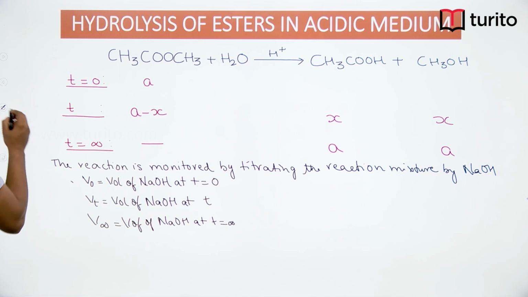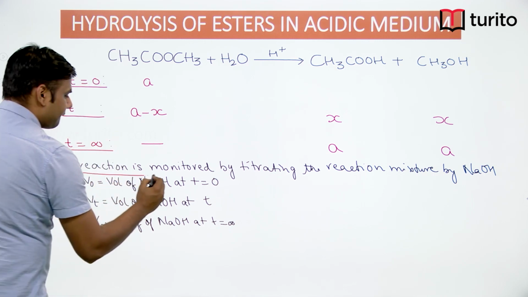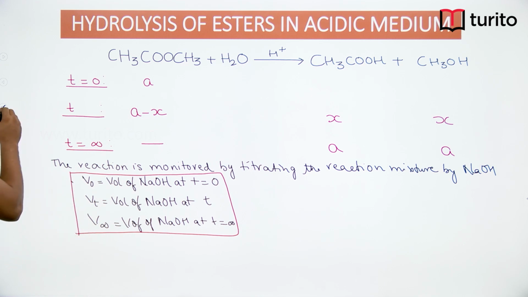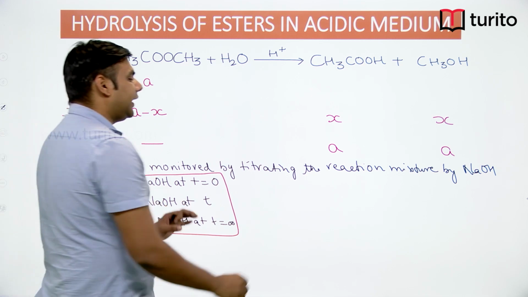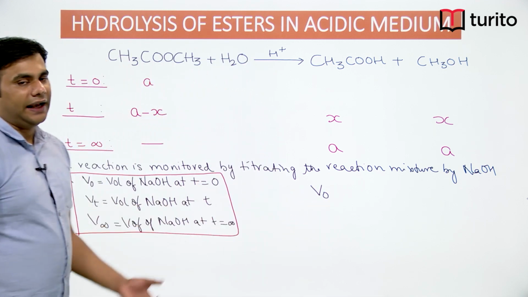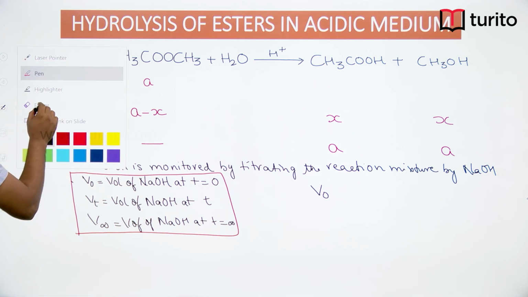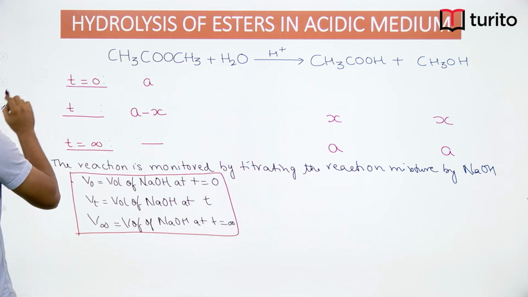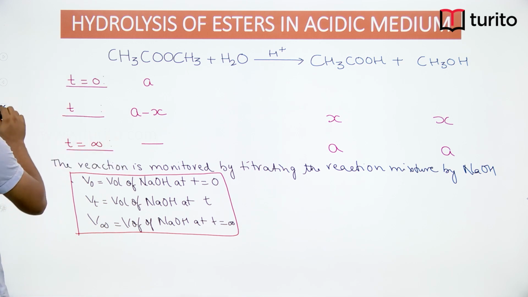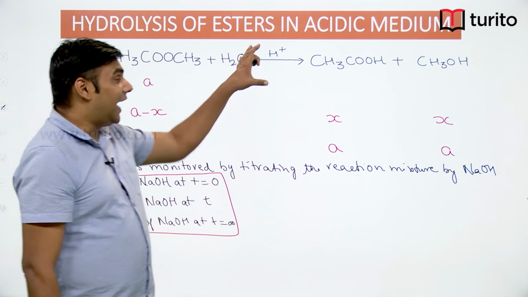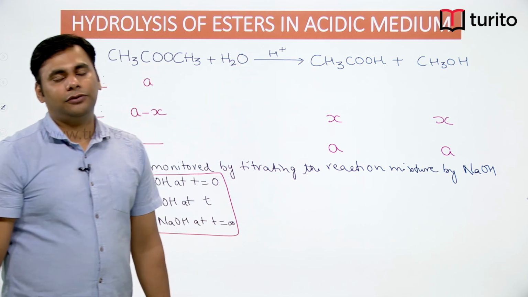So we have this data. At time t equal to 0, whatever base we are adding, will it titrate anything or will it remain unreacted? Because we know that there is an acid present, this reaction is catalyzed by acids.